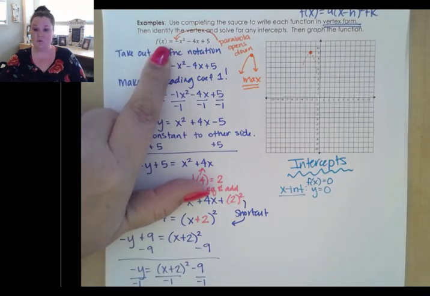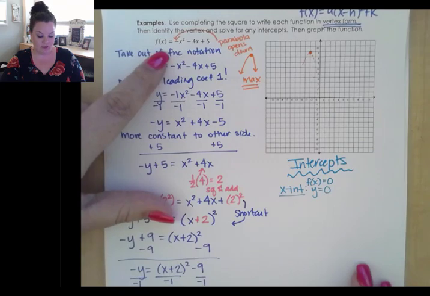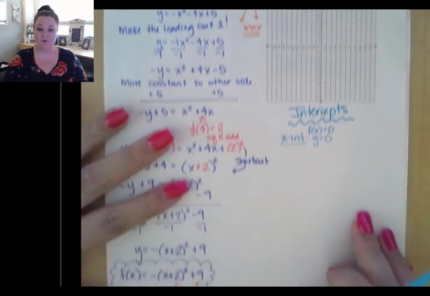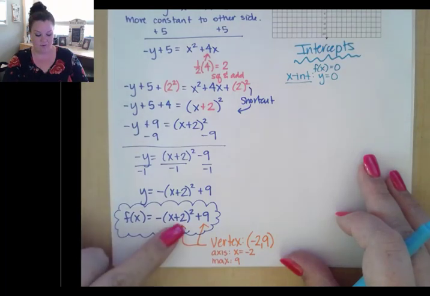So I could set this original one equal to 0, and I could try to solve by factoring or using the quadratic formula, if those are things that you are familiar with and feel comfortable with. I'm actually going to use my vertex form to solve for my intercept, okay? Because this would be really easy to get rid of by taking the square root.